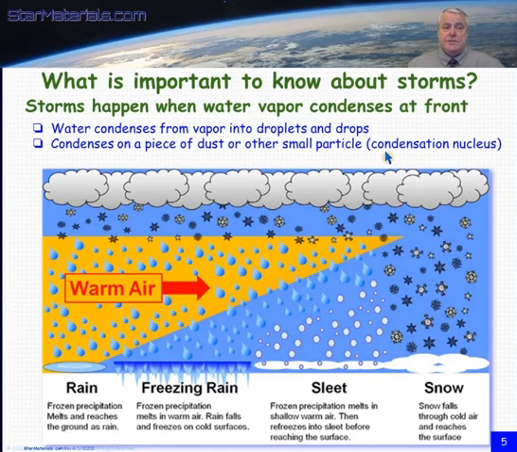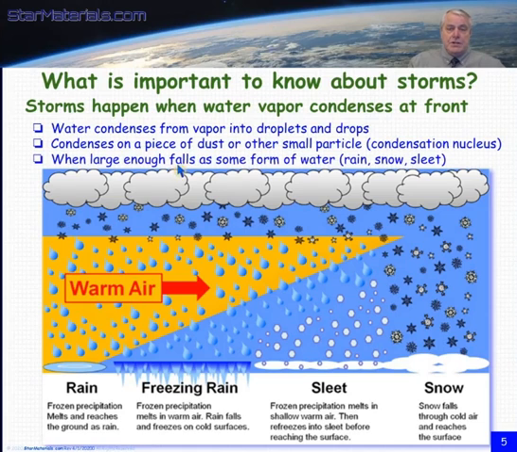Condensation means it condenses, nucleus meaning it's in the center. So at the center of every snowflake, every droplet or drop, there is a condensation nucleus or a piece of dust.